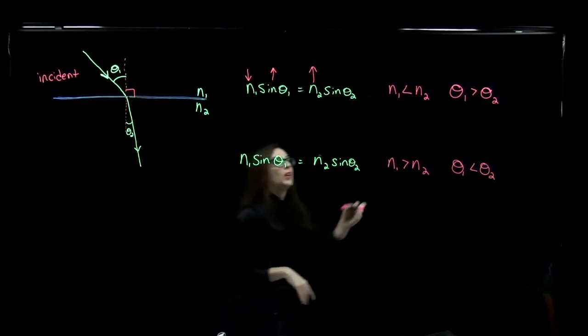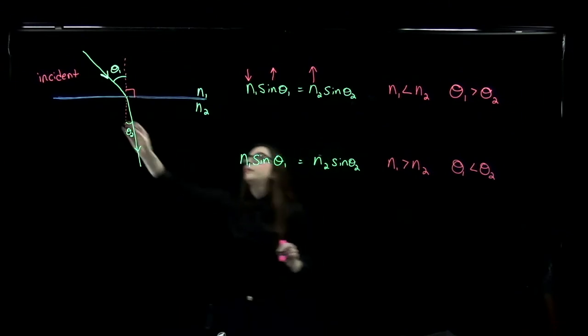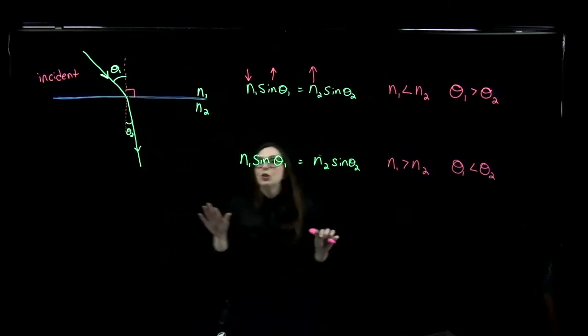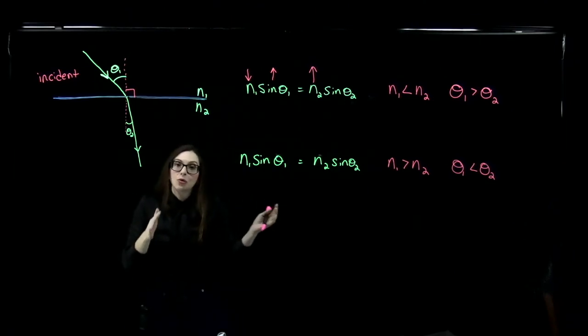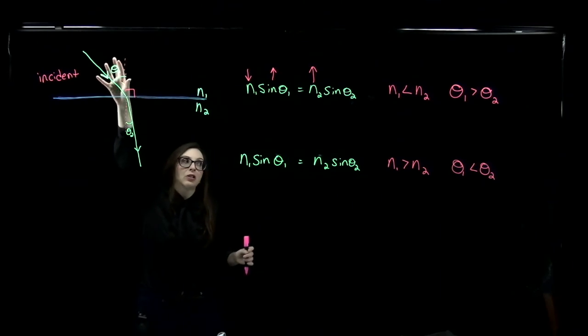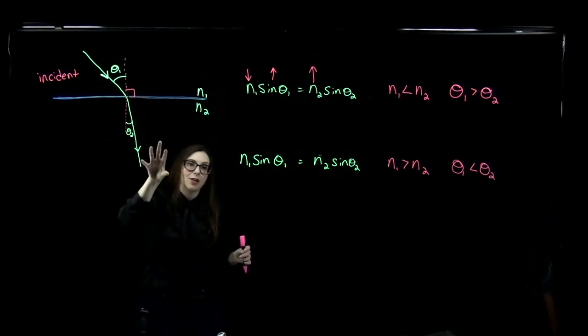Okay, so if N1 is greater than N2, the incident angle has to be less than our refracted angle. So you get refracted more strongly if you're moving from high index of refraction to low index of refraction.